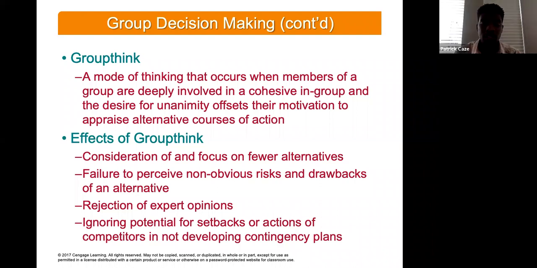what he wanted to do was what was done, although the group itself probably thought otherwise. But because of groupthink, they all decided, hey, we're just going to follow the president, whatever he says, because we don't want to upset him. We don't want to be ostracized or kicked out of the crew.